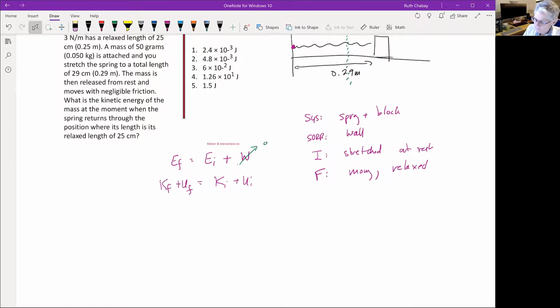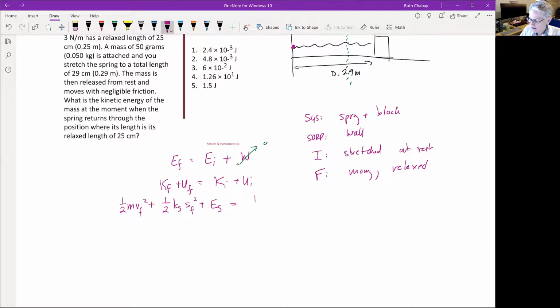And we can expand these things. So we have a half m v final squared plus a half k sub s final squared plus this constant. What do we decide to call it? E spring.